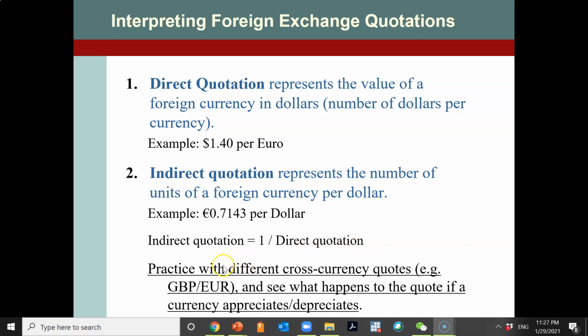We can practice with different cross-currency quotes. For example, not only between euro and dollar here, as our first example, we could also practice between British pound and euro, and see what happens to the quote if a currency appreciates and depreciates.